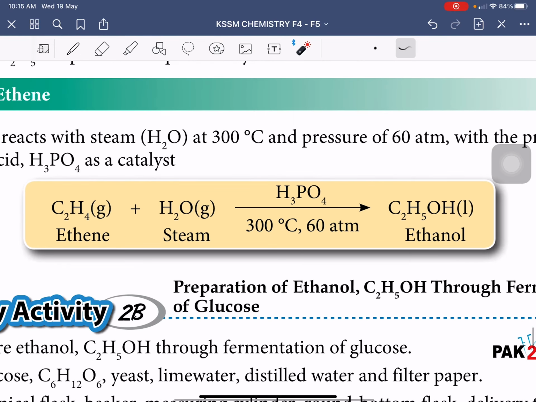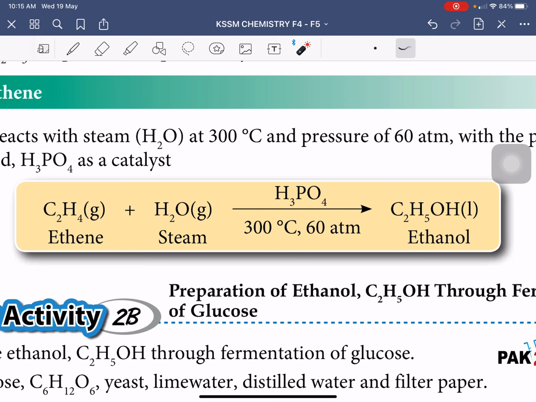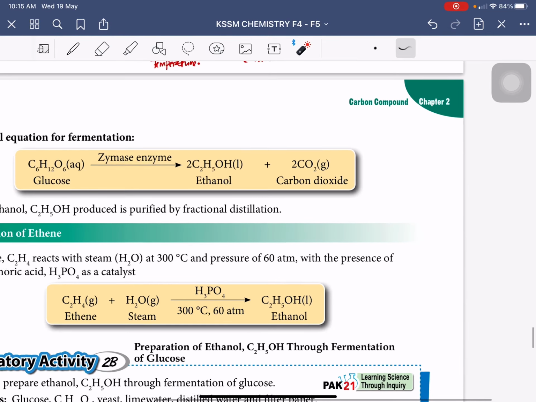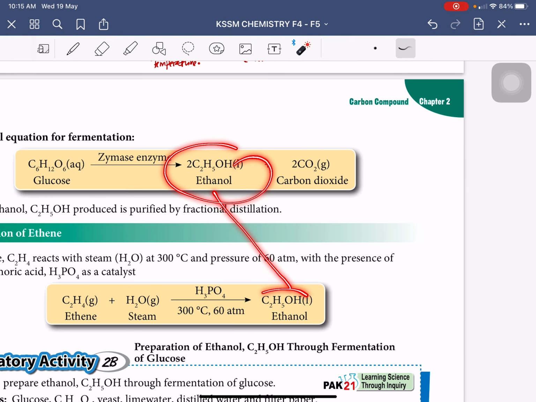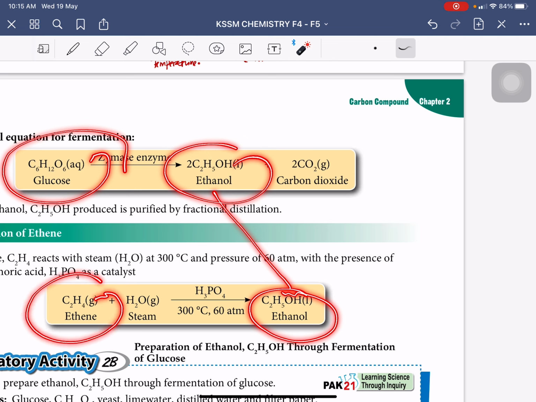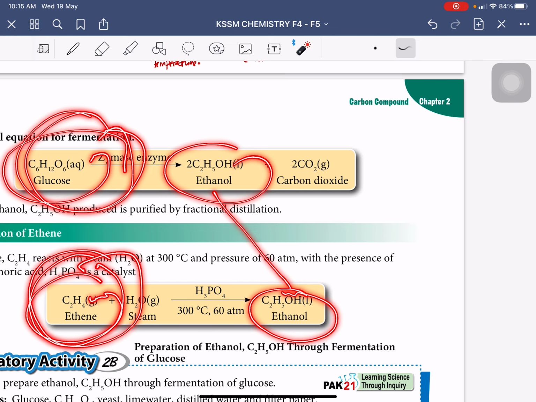This one is very important. The chemical equation: ethene plus H2O, which is steam in gas, will produce ethanol. Both of these will produce ethanol. This is fermentation and this is hydration. Penapaian, penghidratan. Tambah yeast, tambah air.